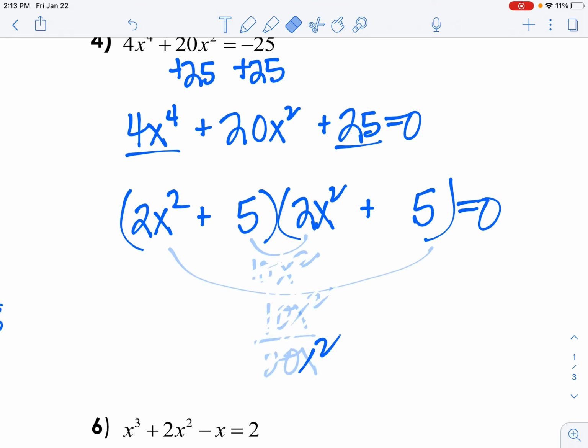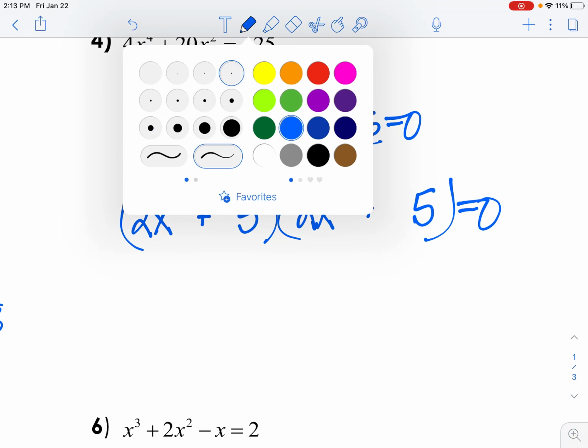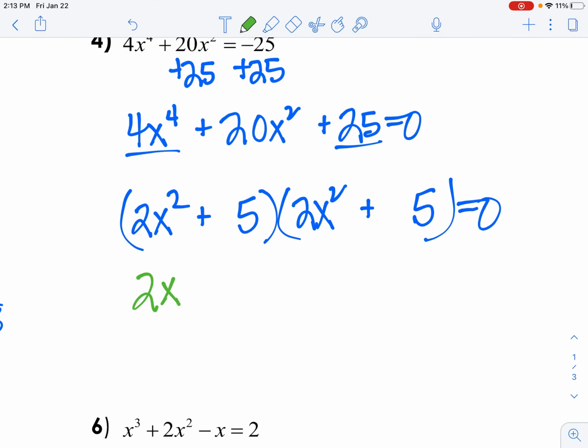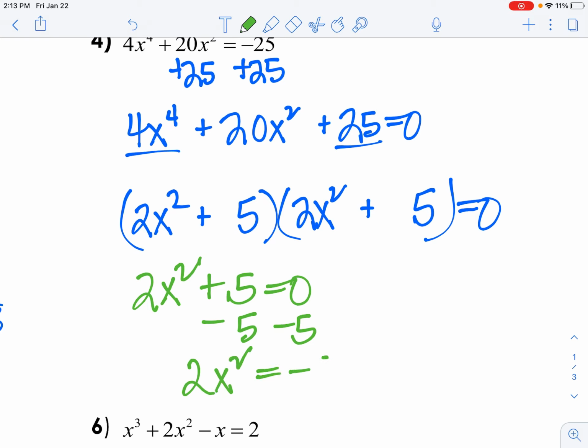Now to solve, I'm going to set these equal to 0. So 2x squared plus 5 equals 0. If I subtract 5, 2x squared is negative 5. Divide by 2. So x squared is negative 5 over 2.